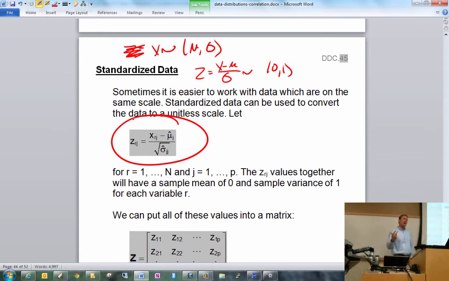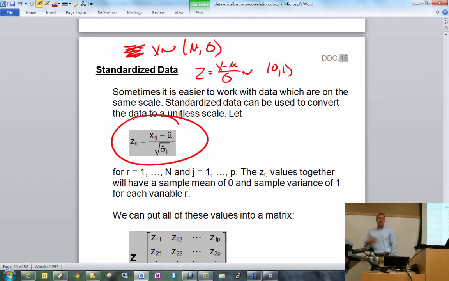Remember, in our notation, r represents the observation number, j represents the actual variable. So for the rth observation, jth variable, you subtract off mu hat of j, in other words, the sample mean for variable j, and divide by the square root of the estimated variance for that jth variable.